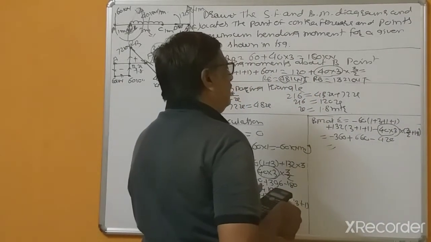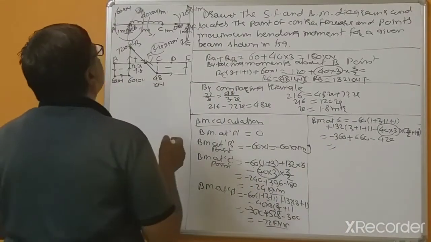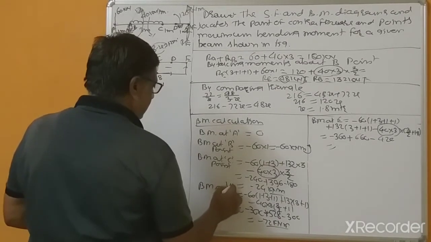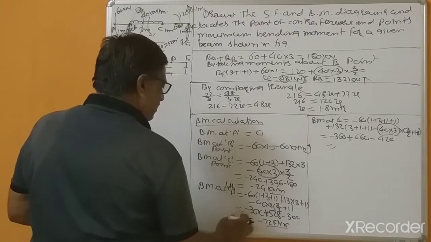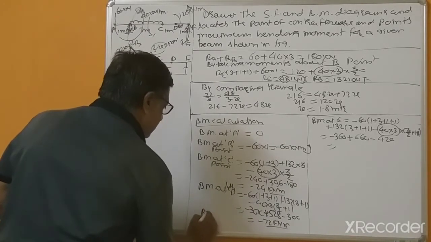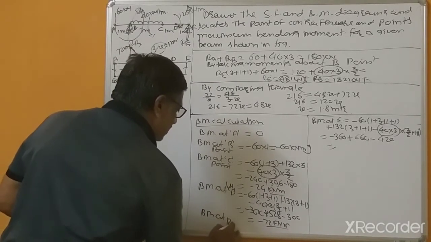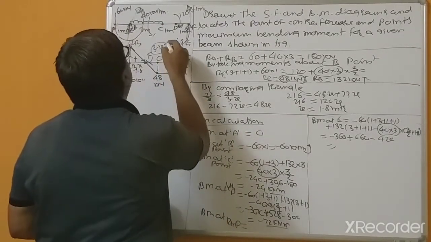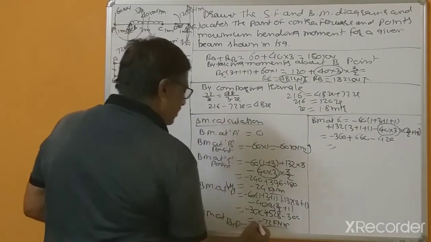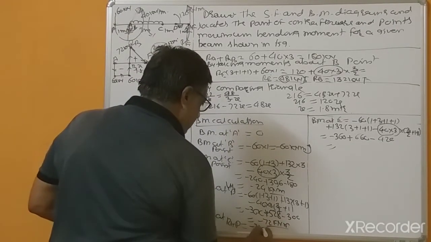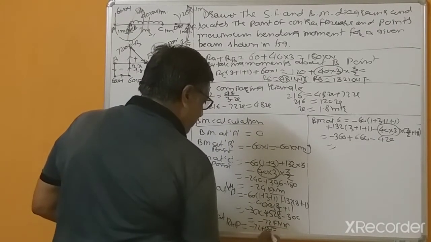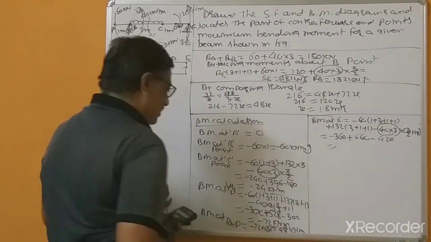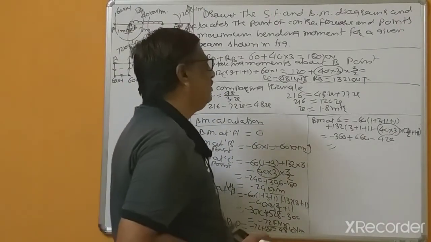And this moment here is bending moment, this is just the left hand side. And bending moment at the right hand side above the D point is minus 72, and this is clockwise, plus 120 equal to 48 kilonewton meter.